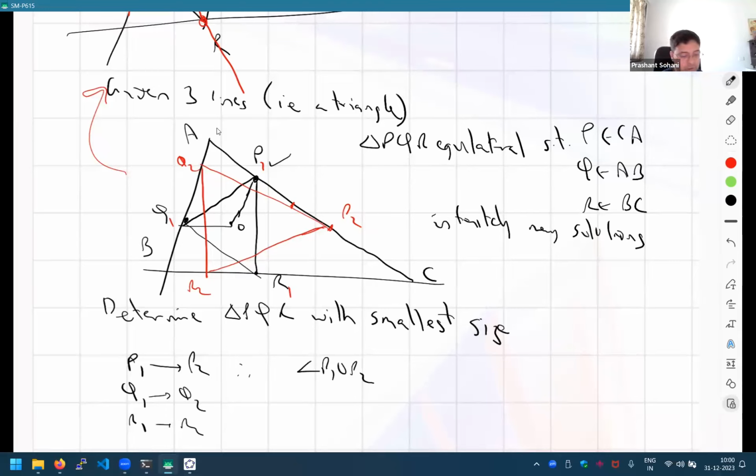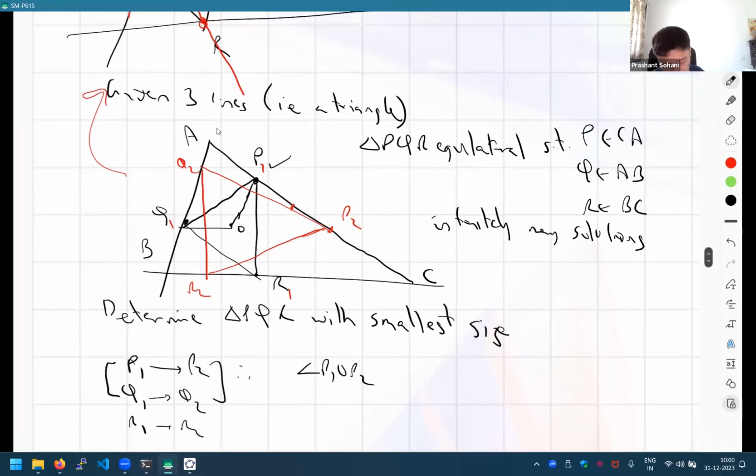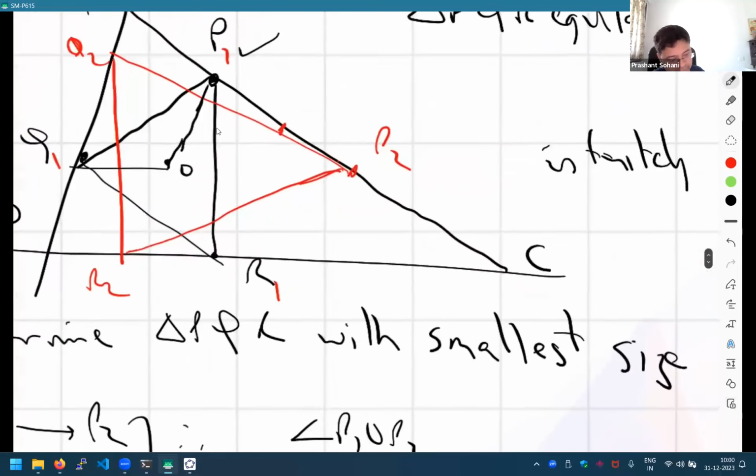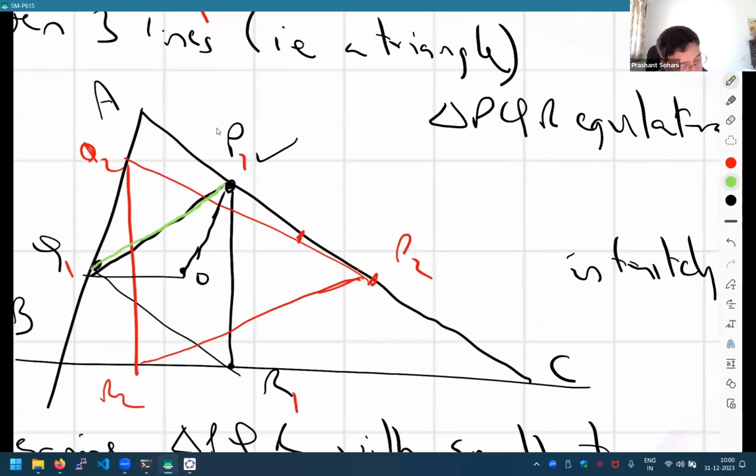Same as what we had done earlier, we could take two sides of the corresponding triangles. So in this mapping, line P1 Q1 is going to become line P2 Q2. So in my diagram, look at this angle. Line P1 Q1, if I think of them as vectors, so this is my P1 Q1 vector, and that is going to become P2 Q2. So what is the rotation through which I need to take this?